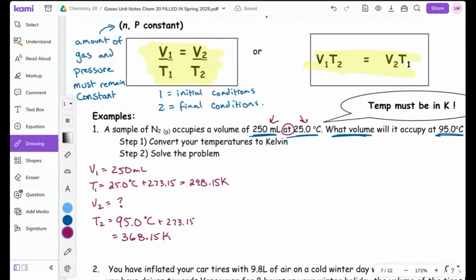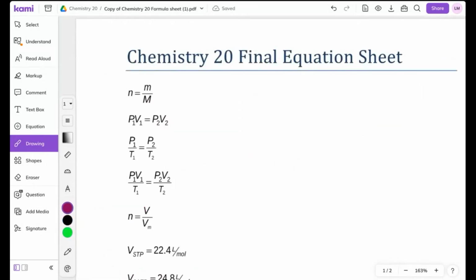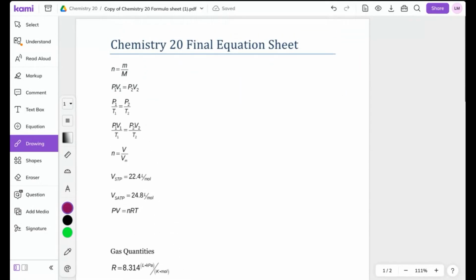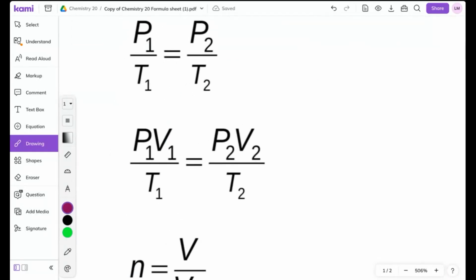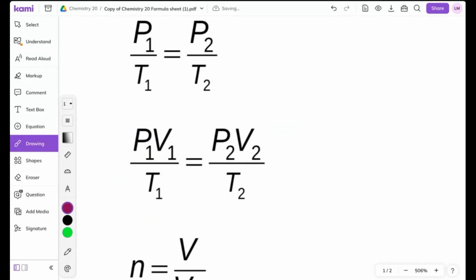All right. So, like I said, you could use either of these equations here. Now, if you are using this formula sheet, you'll notice that Charles's law is not on it. However, we do have something called combined gas law, which we haven't gotten into yet. However, you can derive Charles's law from combined gas law.